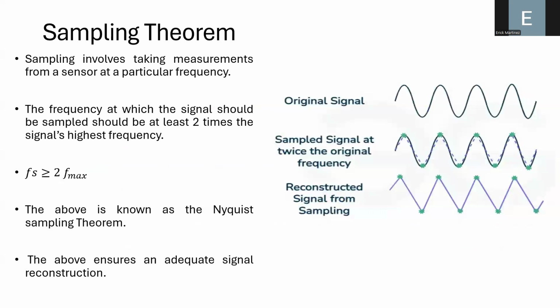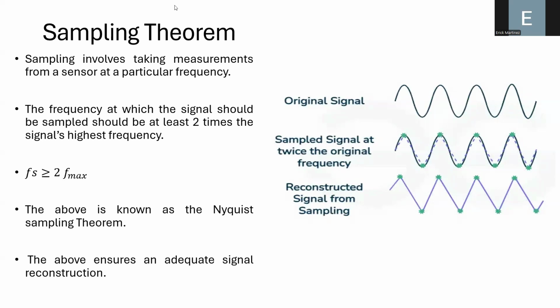And there is a theorem called the sampling theorem. It basically states that if you want to capture all the information from your signal correctly, you need to sample with your computer at a sampling frequency that is at least 2 times higher than the maximum frequency of your signal.